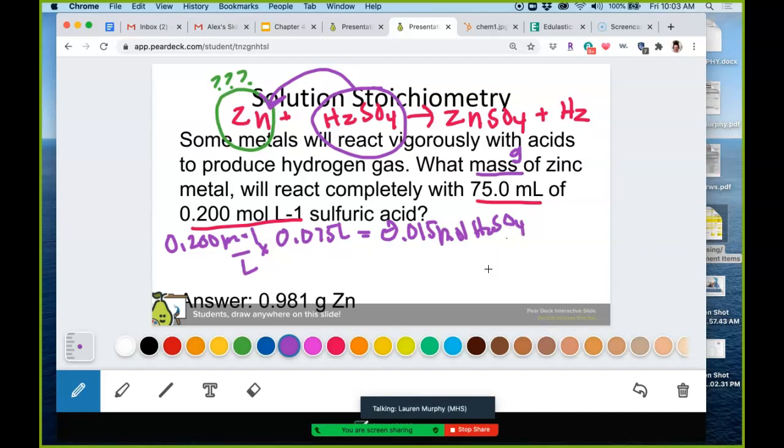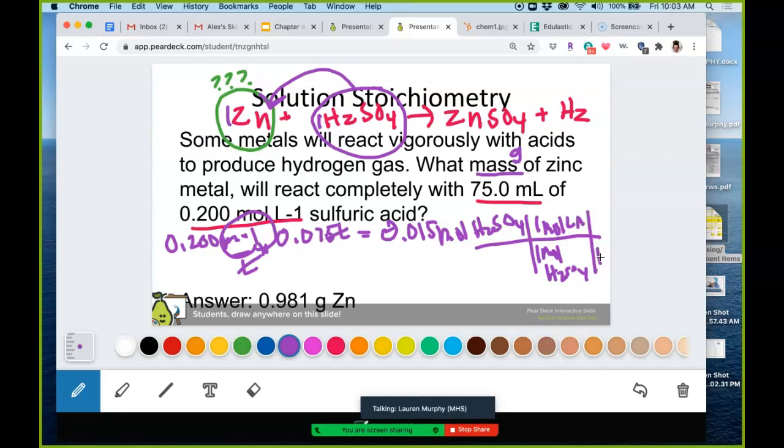So like before you had this class, the way you got to moles was from grams. This is just a new method that allows us to get moles for solutions, instead of grams, which generally refers to things as solids. So I have my moles of sulfuric acid, and then I look at my reaction. I go, okay, for every 1 mole of sulfuric acid that reacts, 1 mole of zinc reacts.